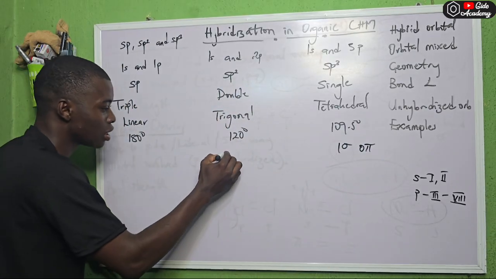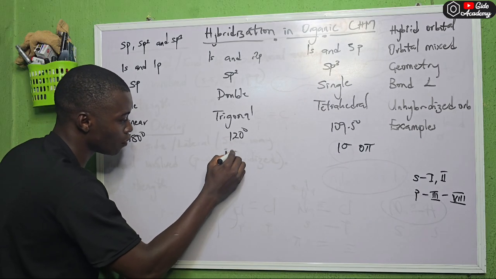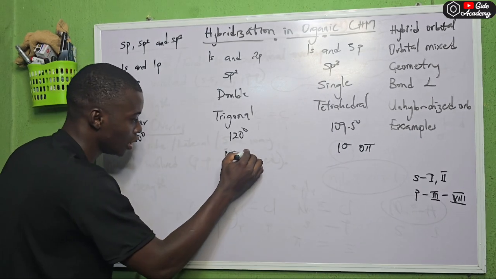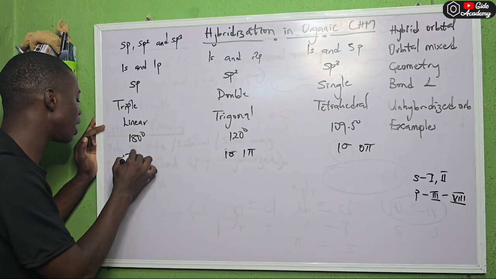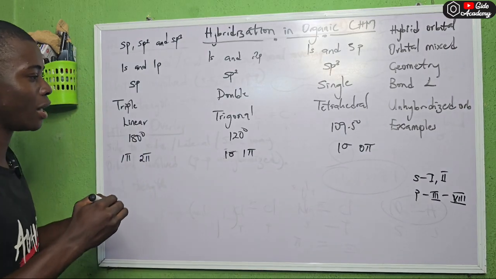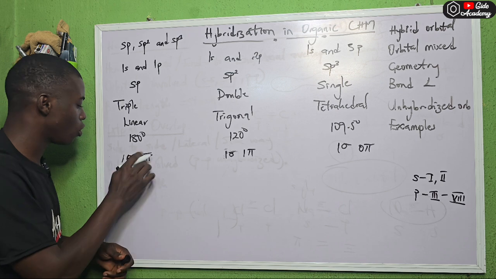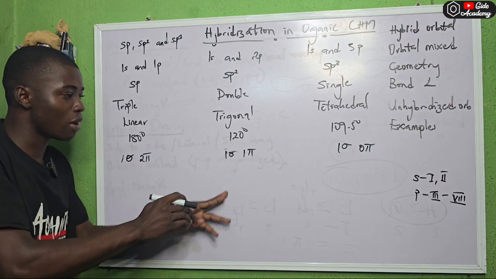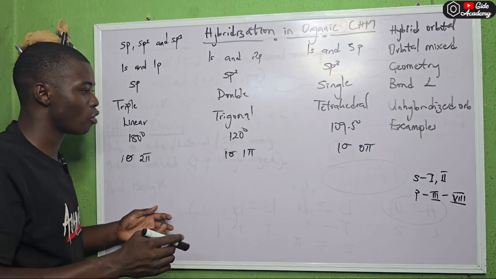Every double bond has one sigma and one pi. For a triple bond, one of them is sigma and the other two are pi. So: one sigma 2 pi, one sigma 1 pi, then one sigma 0 pi.